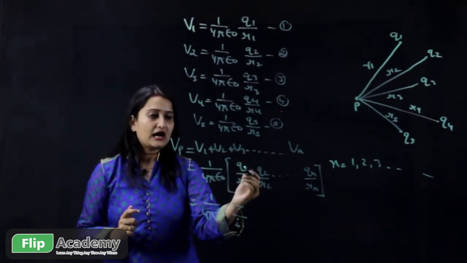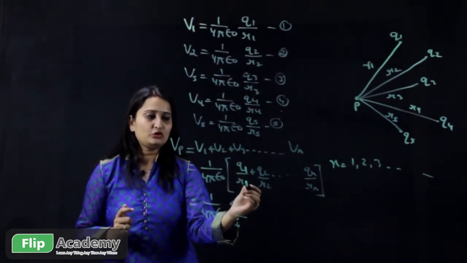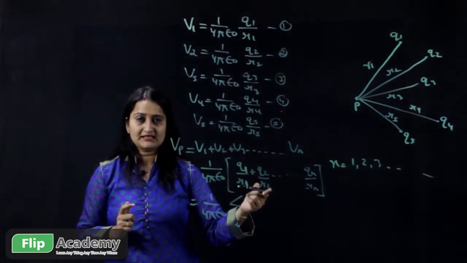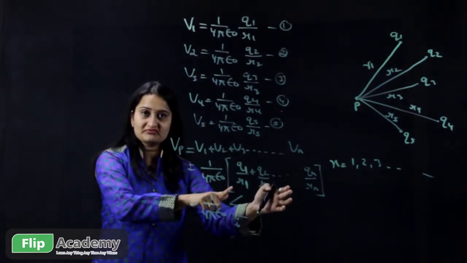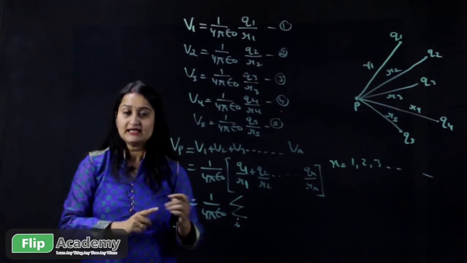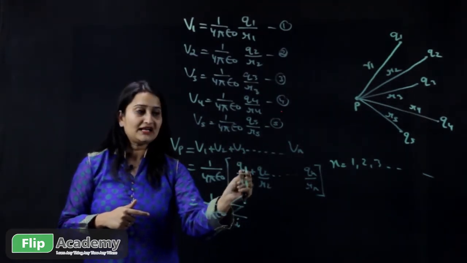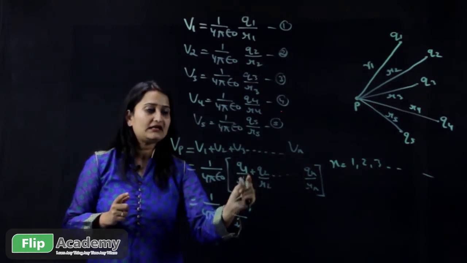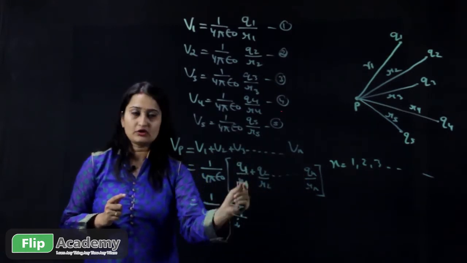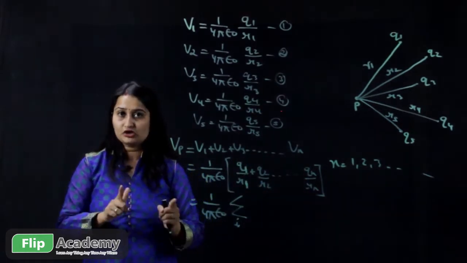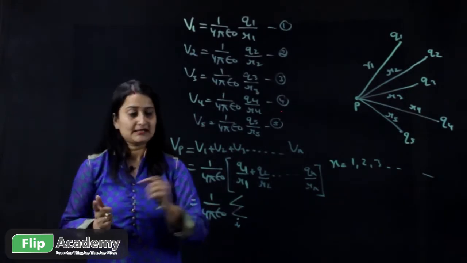We have to take within the summation sign only those values that keep on incrementing. The values that keep on incrementing are Q1, Q2, Q3, and similarly R1, R2, R3. So Q upon R is taken within the summation sign.